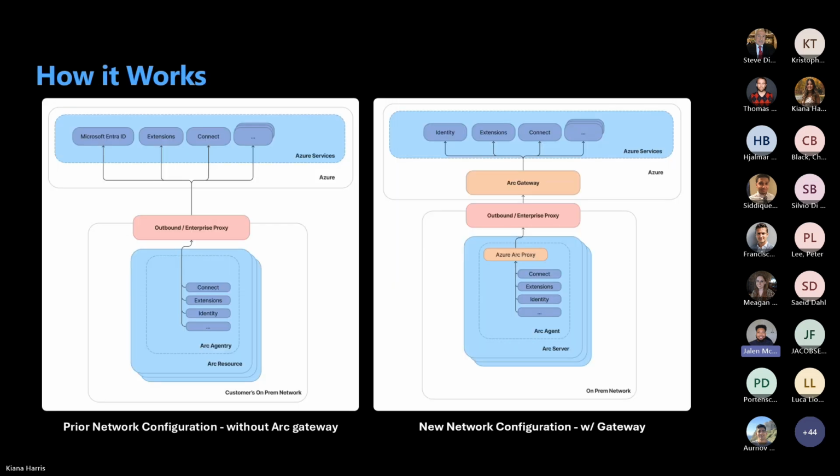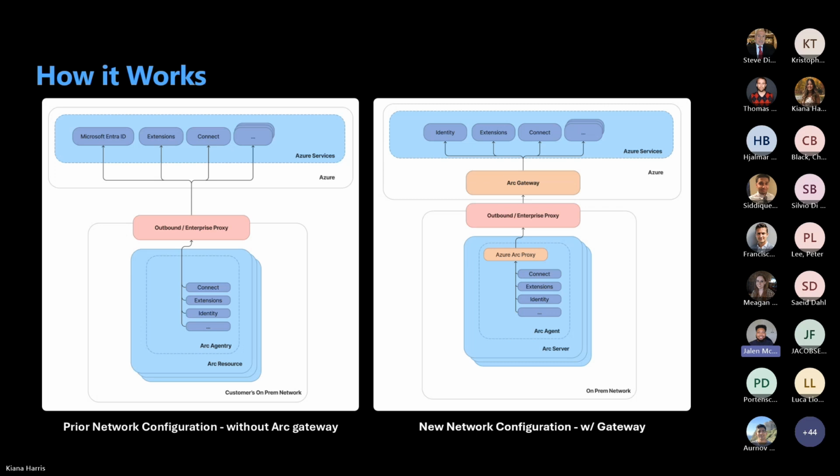So I have these two graphics that just illustrate how it works. Here on the left is the prior network configuration without Arc Gateway. So you can see we have all the Azure services up in Azure. And then for our customers who have enterprise proxies, all those endpoints that I showed on the first couple slides are required for each of the Azure services.